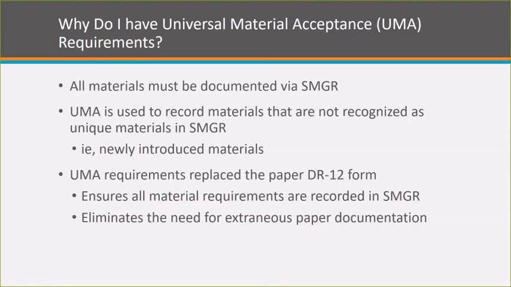We use UMA to record materials that are not recognized as unique materials in Site Manager, for example, materials that have been newly introduced. UMA requirements, as I said before, replace the paper DR12 form, and this helps us keep everything recorded in Site Manager, and it eliminates the need for you to keep up with extraneous paper, having to load information into OnBase, those sorts of things.